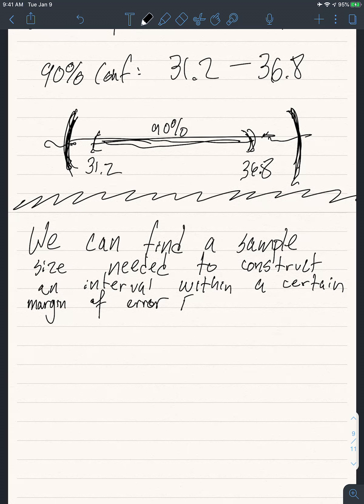Let's call the margin of error E. If we want to know our sample size, our n, it's basically solving the confidence interval equation.